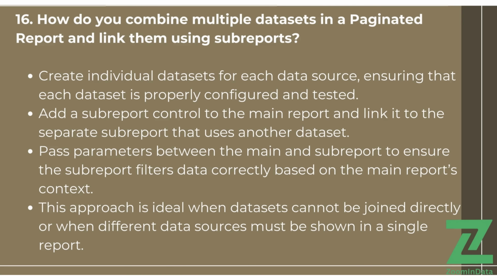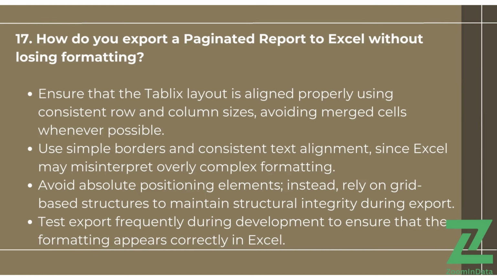Pass parameters between the main and subreport to ensure the subreport filters data correctly based on the main report's context. This approach is ideal when datasets cannot be joined directly or when different data sources must be shown in a single report.